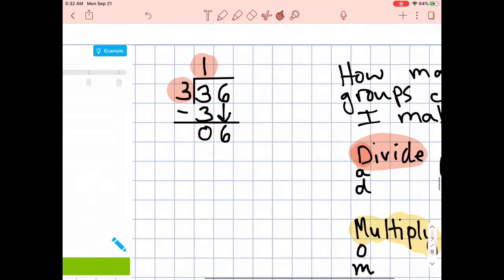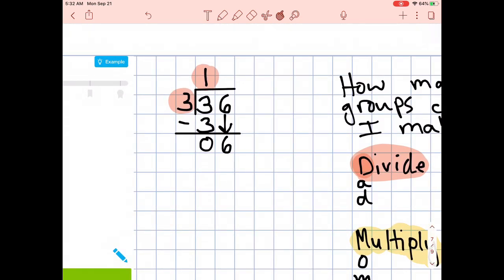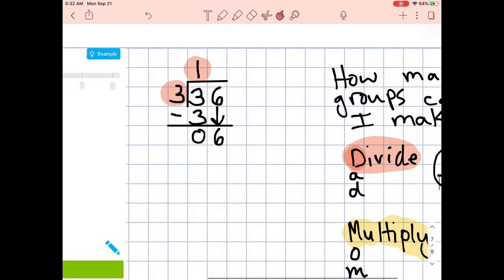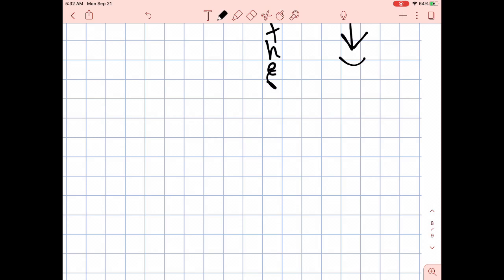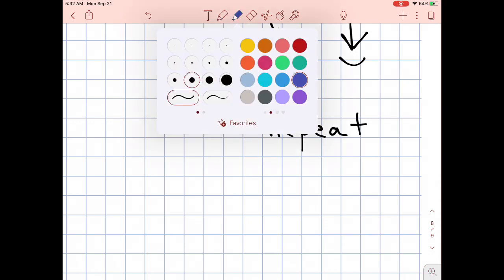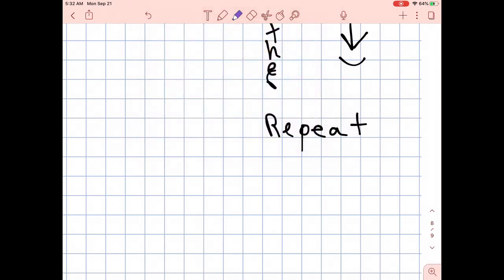So that brings us to our division problem here. We brought down, and it kind of brings us to our last step, which is repeat. All right, and repeat just means that we start back at the beginning of our process, our little list here, and we repeat the process over again. I'll show you what that looks like in a moment.